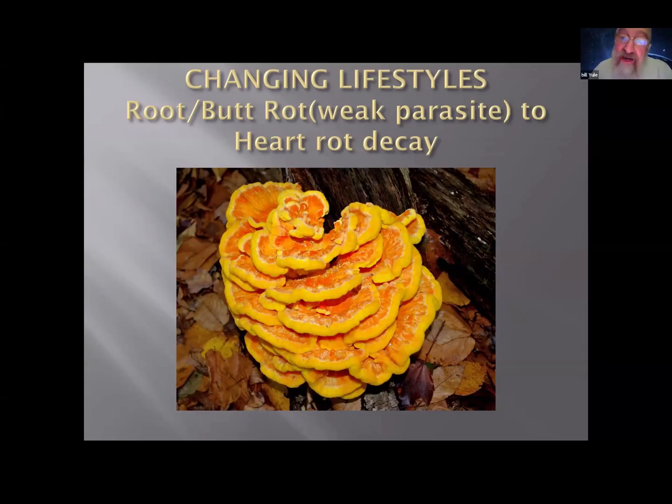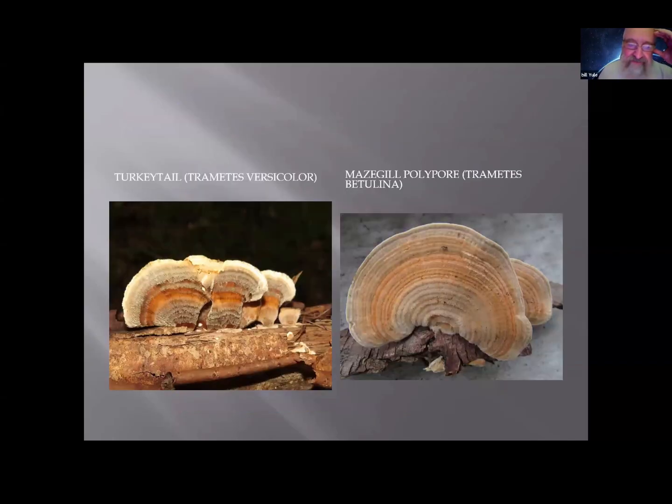And then once it's in the heartwood, it functions as a saprobe. And I went through that slide before because I wanted to impress upon us all that none of these things are static. All of these nutritional modes that we talk about are in a state of flux and change.